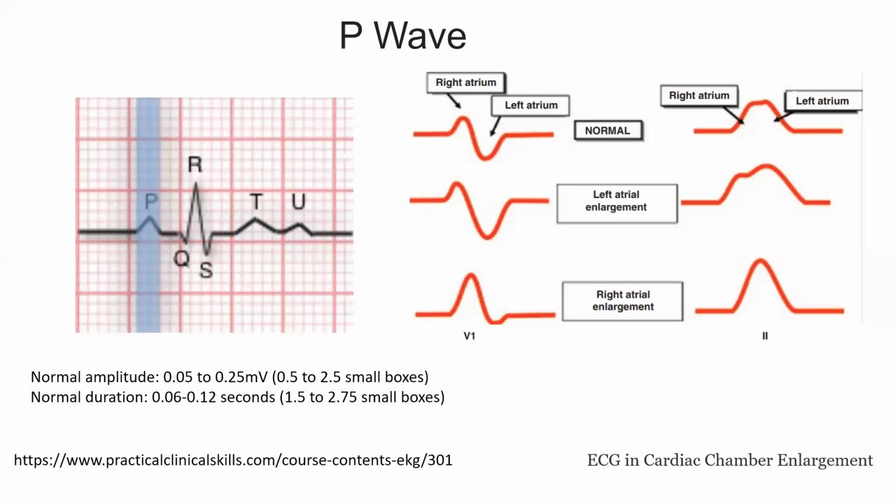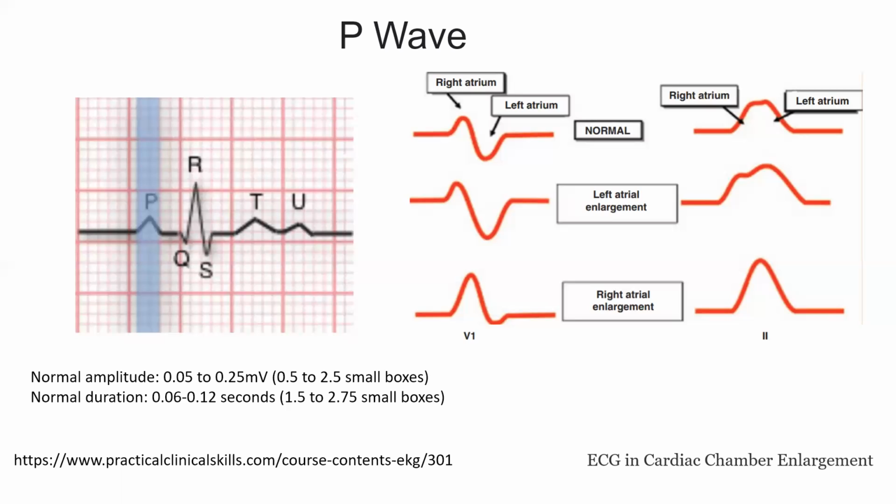For example, the P wave in V1 has a biphasic shape. Even in a normal EKG, the P wave in V1 is biphasic, and we combine it with the P wave in lead 2 in order to evaluate the size of the atrium.